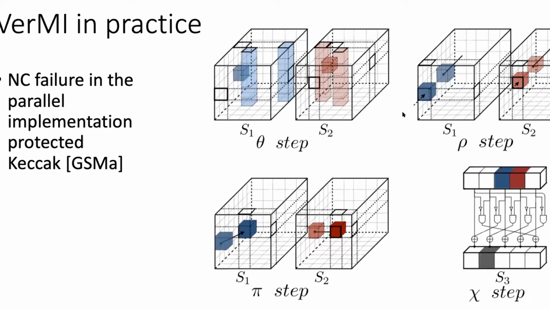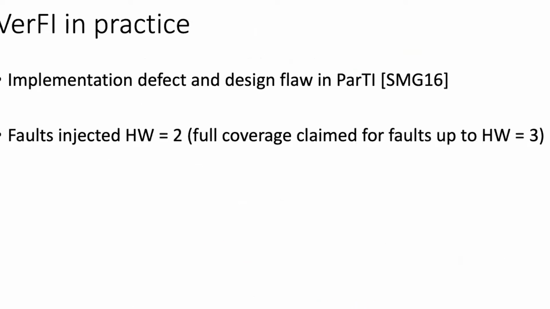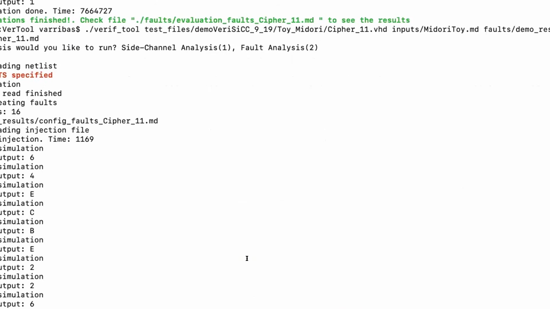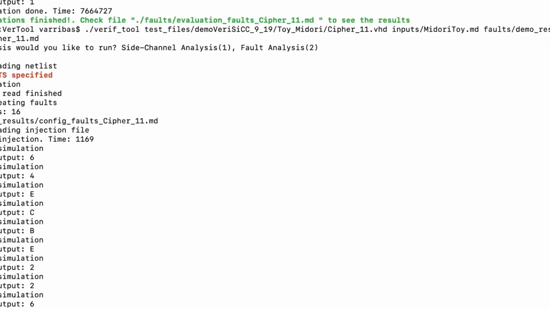To validate the findings of the tool, we also manually computed the inverse of the equations from Keccak. So for example, for this bit here, we see that all two shares of bit 304 are used to compute the outputs. So now I'm going to show you some examples. We're going to analyze this particular case.